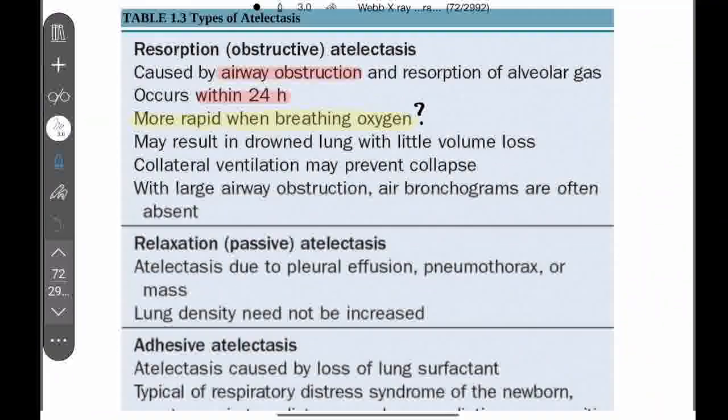Next, it may result in drowned lungs with little volume loss. What are drowned lungs? Drowned lungs means the appearance or condition of the lungs when they are filled with fluid. It's a resemblance, not a formal medical term.